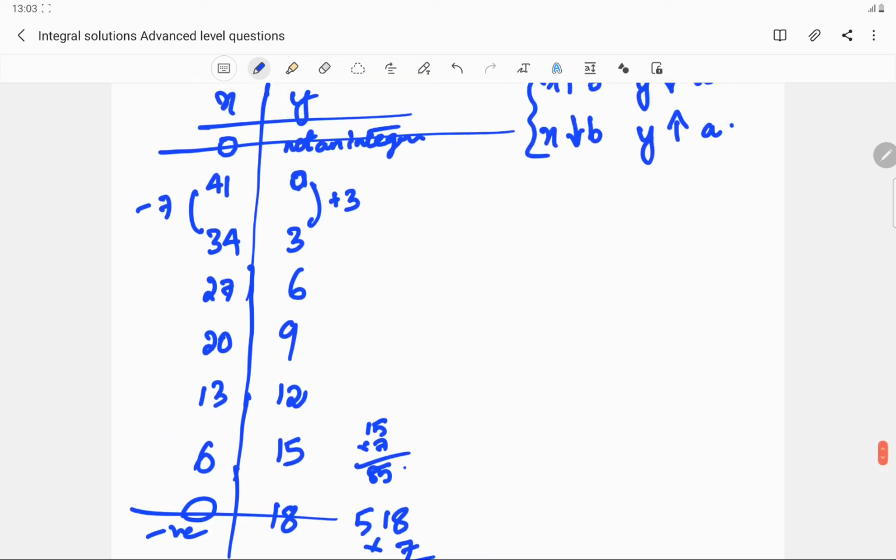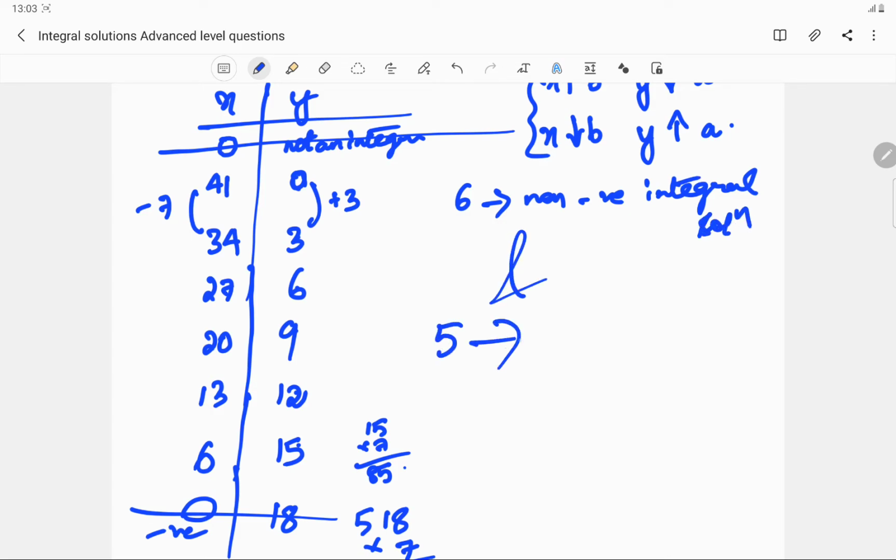So in total there are 1, 2, 3, 4, 5, 6 non-negative integral solutions and 5 positive integral solutions.